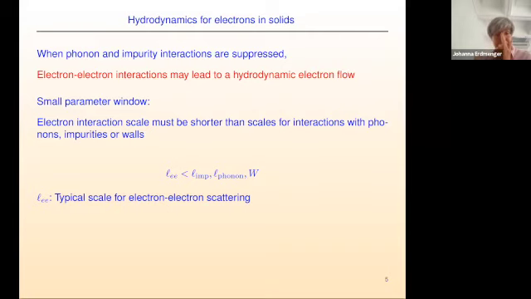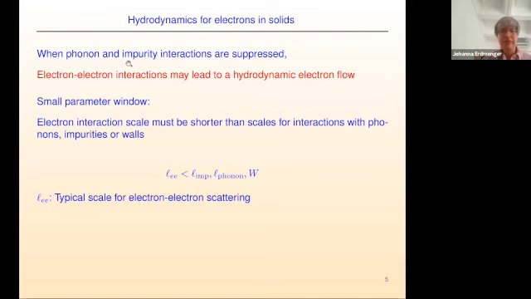And so what one has to ensure is that the electron-electron interactions are the strongest in this particular system that we are considering. Then there are the interactions with the lattice vibrations, the phonons, and of course in such a lattice there are always impurities also.